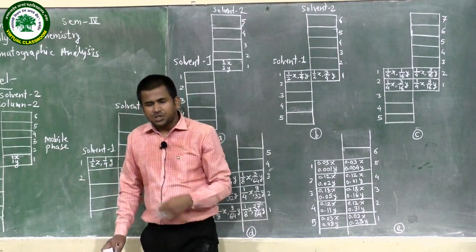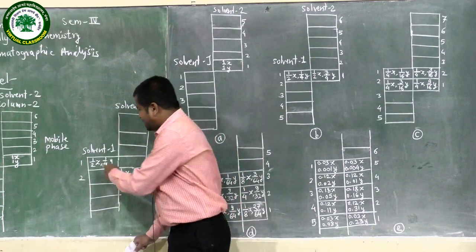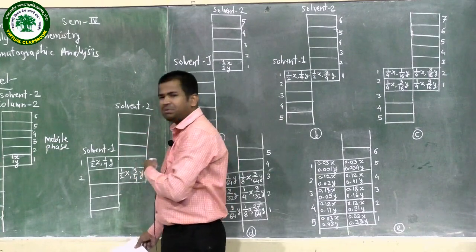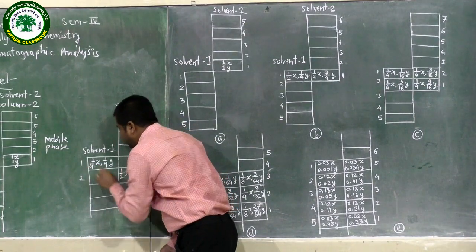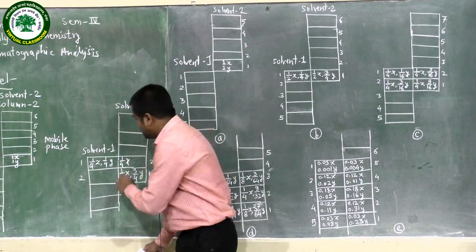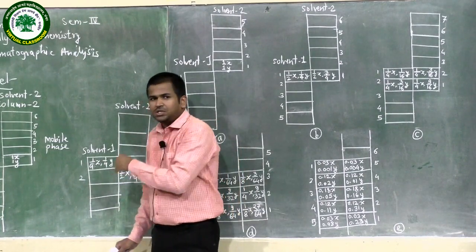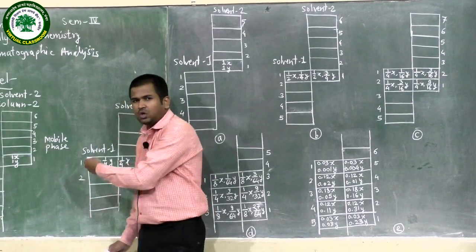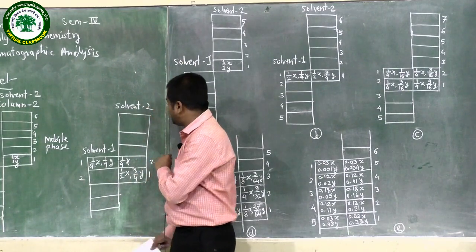Now again the distribution will take place as I told you, that is, x will distribute 50% in solvent 1 and 50% in solvent 2. So this 1/2 gets distributed as 1/4 x and 1/4 x goes into solvent 2. This 1/4 y gets distributed again in such a way that 25% of component y remains in solvent 1 and 75% of component y goes into solvent 2.